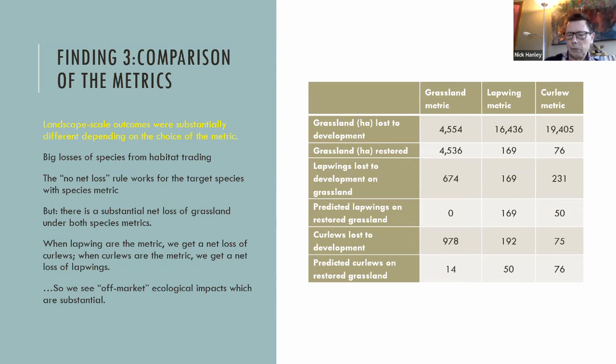We get no net loss of lapwings, but we do lose more curlews than we gain. When curlews are the metric, we get no net loss of curlews. We get a reduction in lapwings, and we get a large loss in grassland. So the basic conclusion here is, depending on our choice of metric or currency from the offset market, we're seeing very substantial off-market impacts in terms of aspects of biodiversity that we might care about.